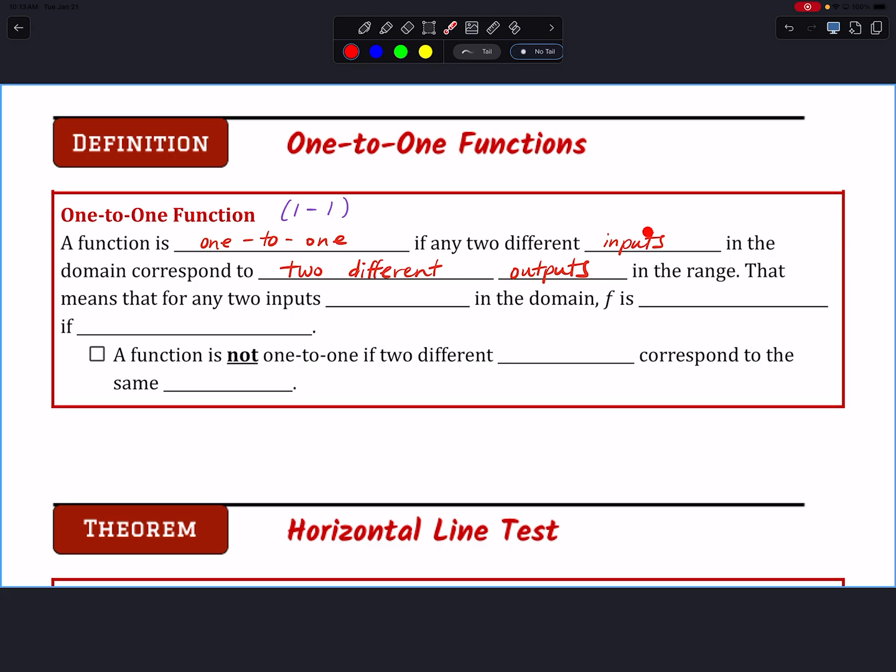Remember, guys, inputs, what variable is that? X, and so your outputs are Y. So two different X's give you two different Y's.